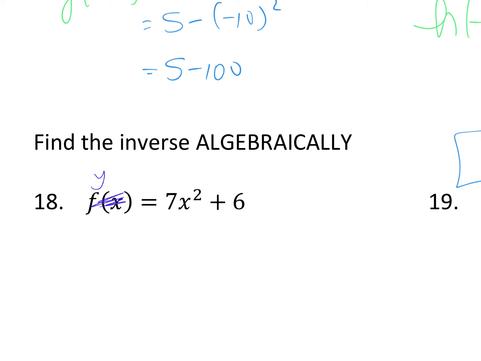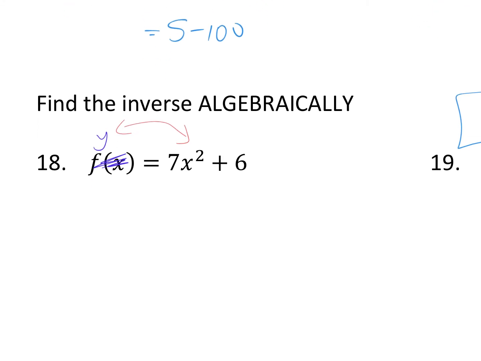In order to find the inverse algebraically, the first step you have to do is switch the places of the x and the y. You rewrite this as x equals 7y squared plus 6. Now, once you've done that, you just solve for y. But if you don't switch the places, then you're not finding the inverse.